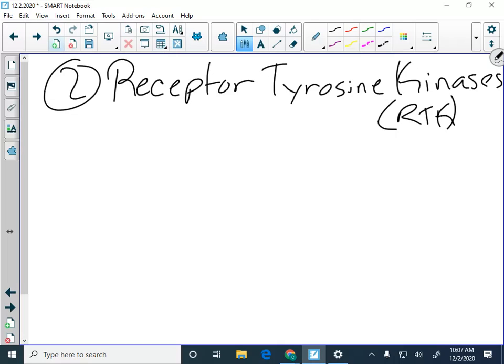They are kinases. Kinase ends in ase, which means they have enzymatic activity.